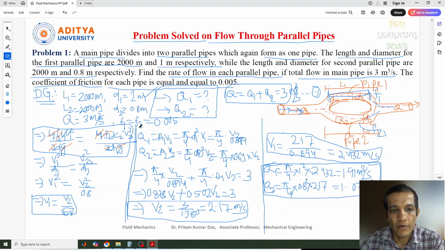From there we can find out one by one. This is the continuity equation. We need to consider A1 V1. So for the rate of flow equation, Q1 equal to A1 V1, Q2 equal to A2 V2. Then from there we can find out the velocity, and we can put the velocity in the rate of flow and find the individual rate of flow.